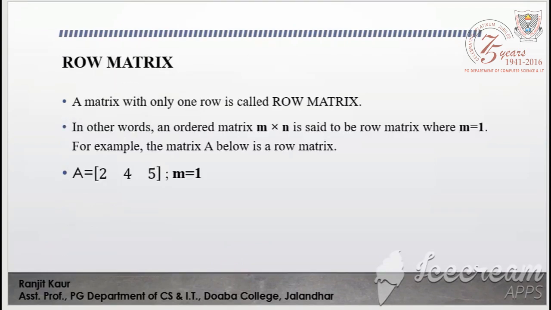Moving ahead, now let's see what is a row matrix. A row matrix is a matrix with only one row. That means this matrix has only one row in it.